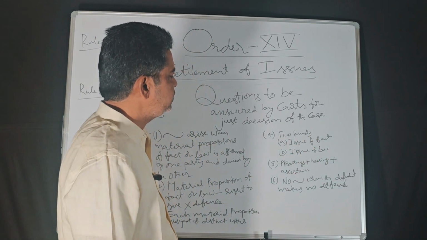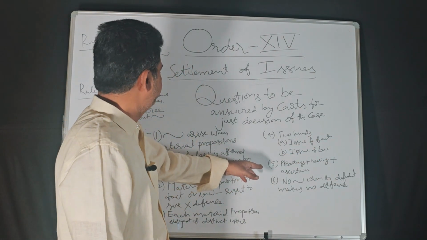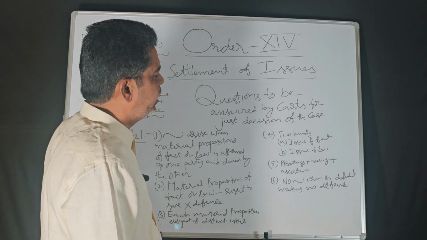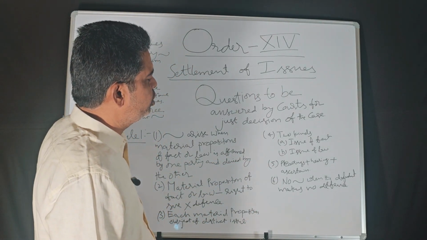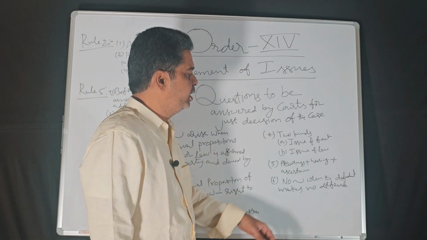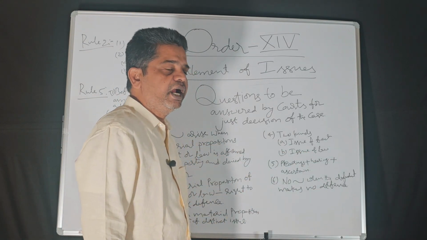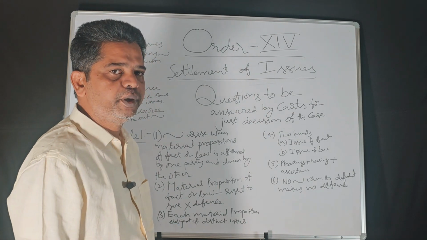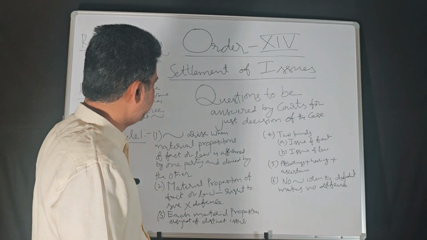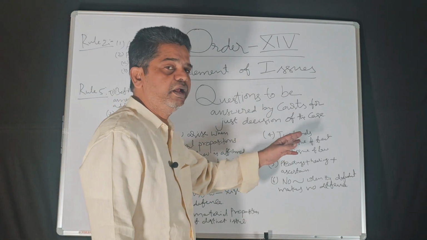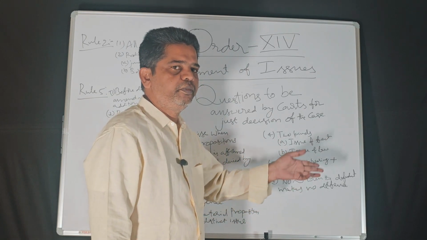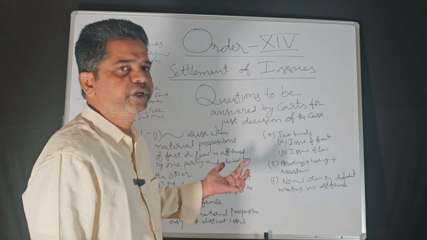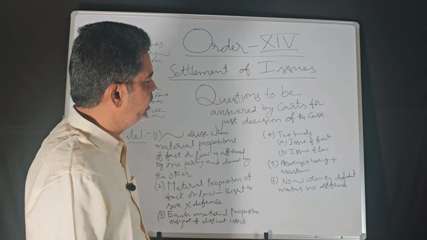Sub-rule 5 of Rule 1 of Order 14 says that at the first hearing, the court shall peruse the pleadings of both parties and hear their advocates and ascertain on what material propositions of fact or law the parties are at variance, and proceed to frame or settle the issues so as to adjudicate the suit or case properly.